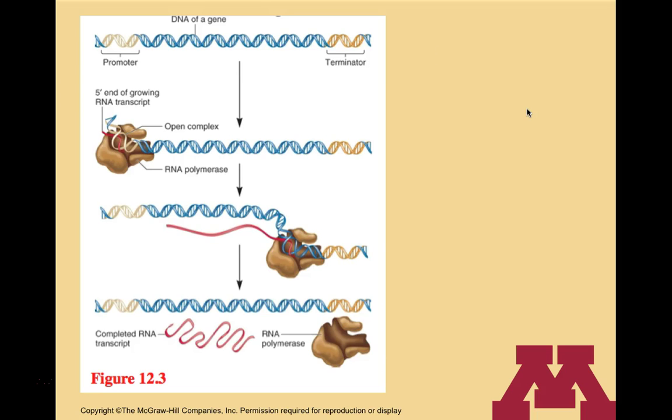So the Rho-dependent stage means there's an enzyme, Rho, that binds to the rut, the Rho utilization site, and the RNA polymerase reaches the terminator, and the stem loop causes RNA polymerase to pause, and Rho catches up to the open complex, and it causes the components to separate. And for the Rho-independent termination stage, it is caused by a stem loop followed by a U-rich region with the help of NusA protein.